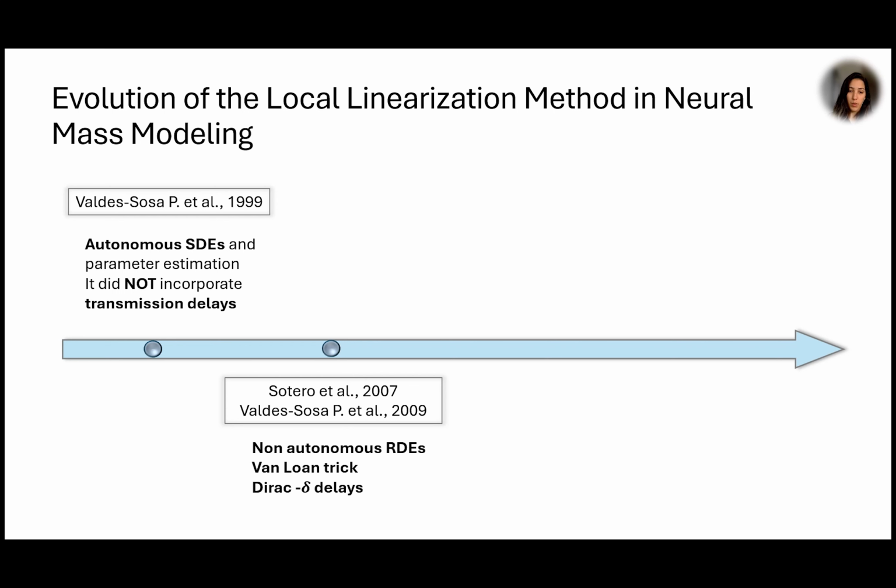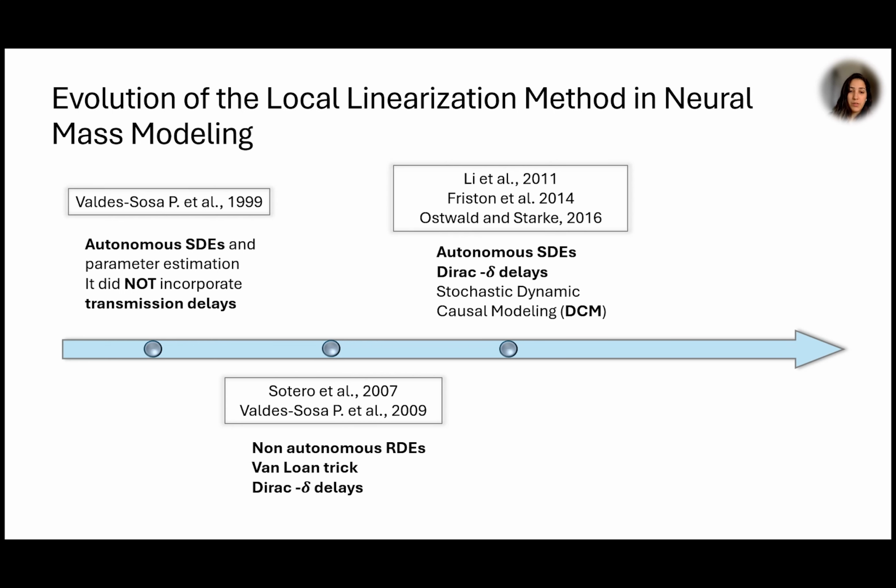They also included the Wang trick for accelerating the numerical integration, and they incorporated the Dirac delta function to interpret transmission delays. After that, we have a group of researchers that worked with autonomous stochastic differential equations, and they interpret transmission delays through a Dirac delta function.